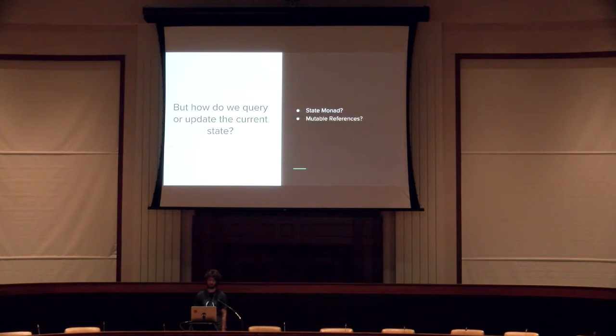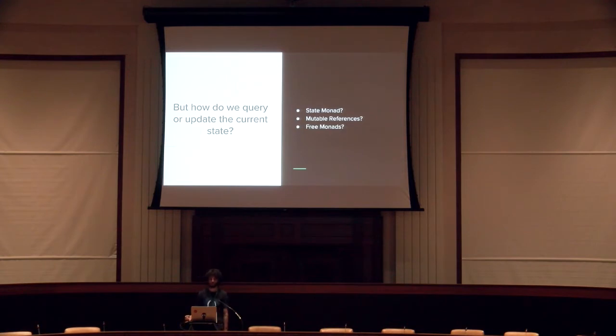So another thing might be mutable references, right? We have this global state somewhere, and we can just add a mutable var at the top level of our code, reference that, wrap it in an I/O or a task, and call it a day. That would probably be the easiest way to do it. And then what about something like free monads?